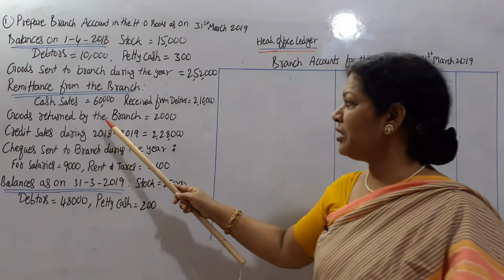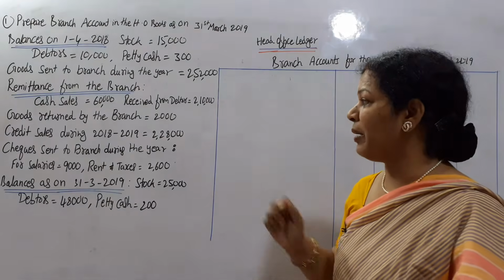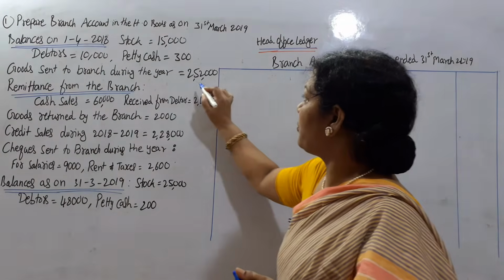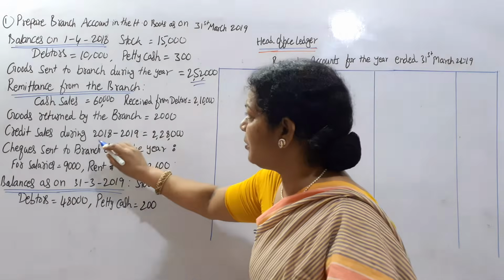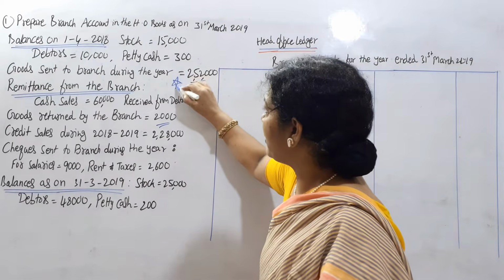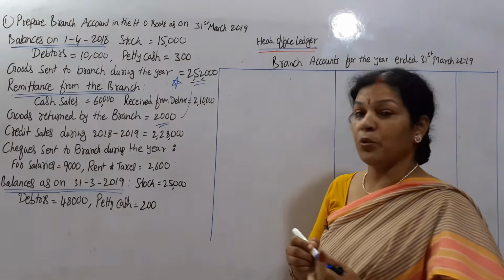Next, goods returned by the branch. When goods are returned by the branch, from the goods sent to the branch we are going to deduct the return. So there is an adjustment. This 2,000 we are going to deduct from the 2,52,000.